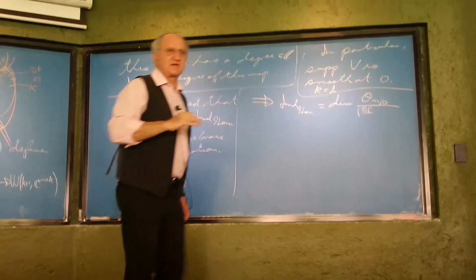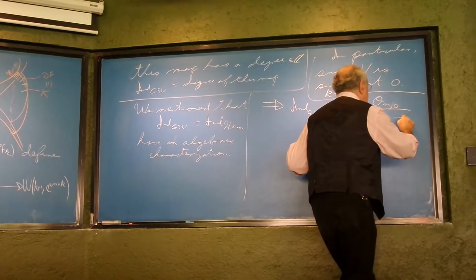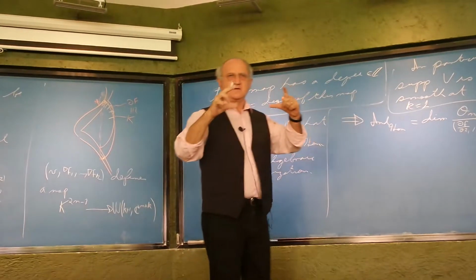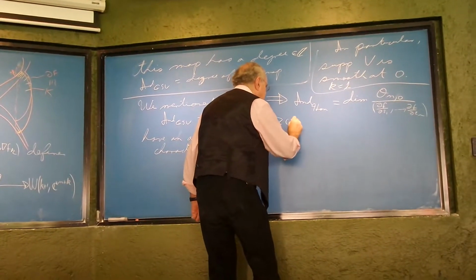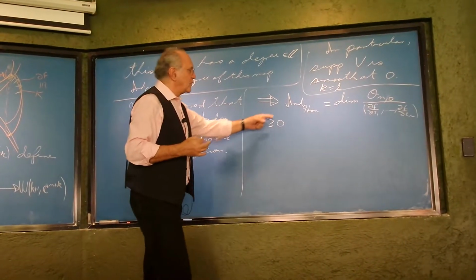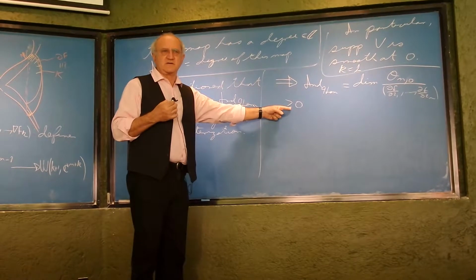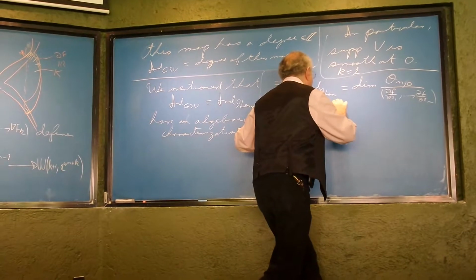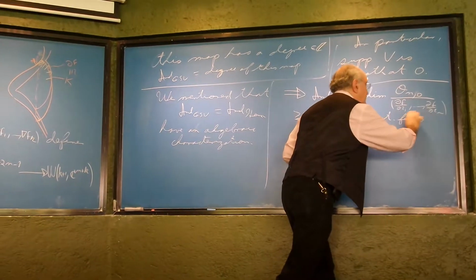So taking local coordinates, it is the partial of f with respect to z1 up to the partial of f with respect to zn, the local coordinates in V. And this is always greater or equal to 0. It is 0 when the vector field has no singularity. If there is a singularity of the vector field, we have greater than 0. So the index is always positive for holomorphic vector fields. This is true only for holomorphic vector fields.